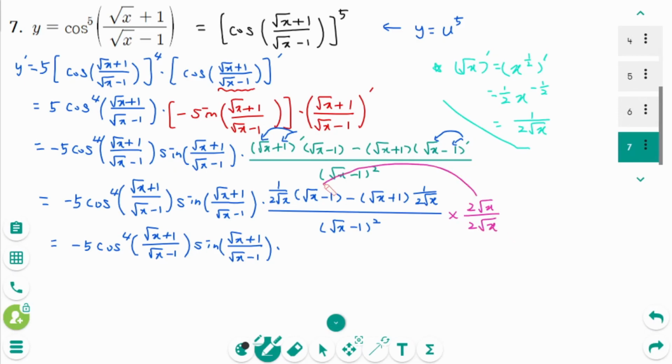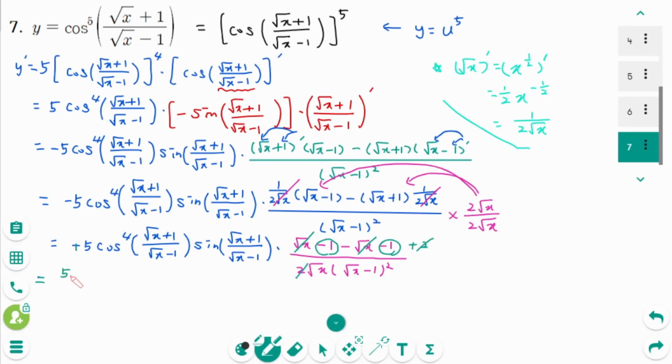Then expand the first one, the square root of x is cancelled, square root of x minus 1. The second one is cancelled, minus the square root of x minus 1 over 2 square root of x times square root of x minus 1 squared equals, this one is cancelled, then minus 1 and another minus 1 make minus 2, then make positive, then cancelled.